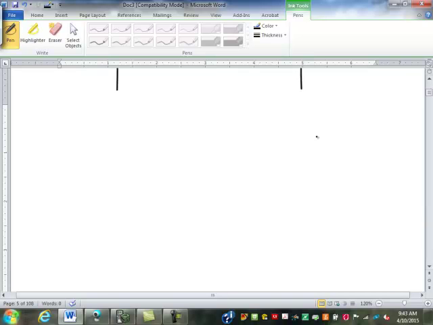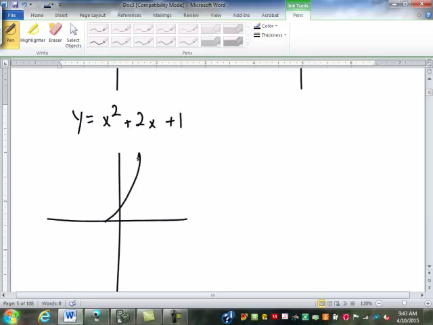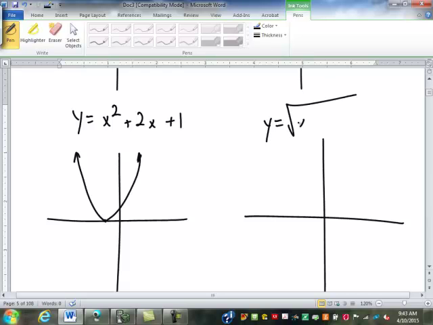Third one, x squared plus 2x. Something like this. Or fourth one? X plus 6.